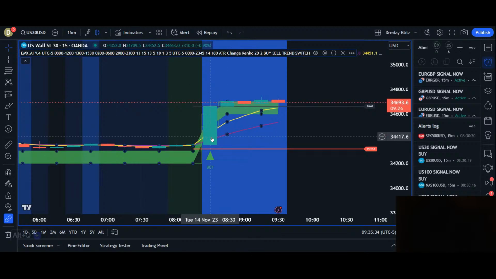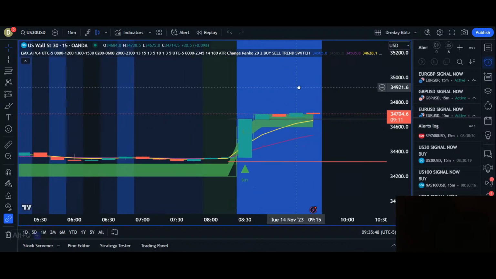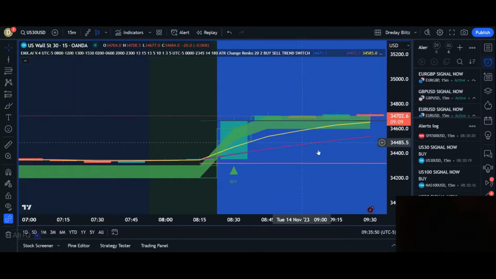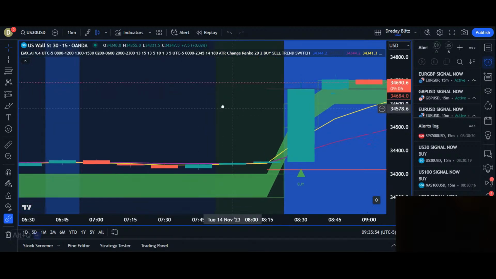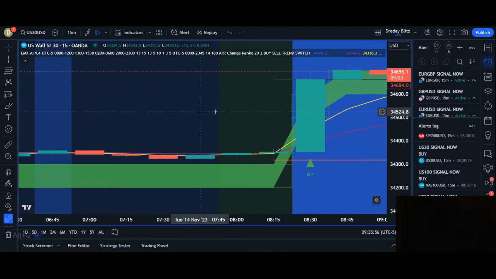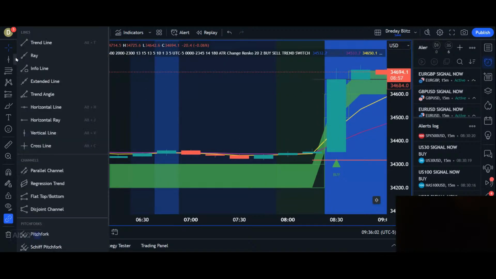Meaning that this is the candle for 8:19, 8:30, 8:15 is here. Within that candle, you would have two entries to get in, and you would be in. Right now, it's still going up. And how do you plot your stop loss and everything? I will show you that right now.